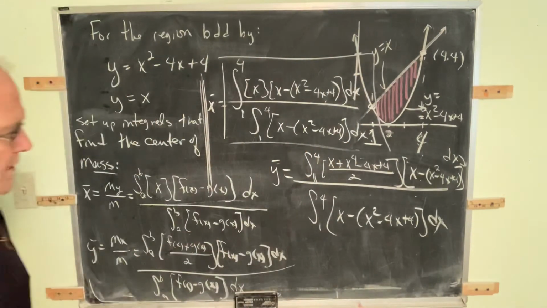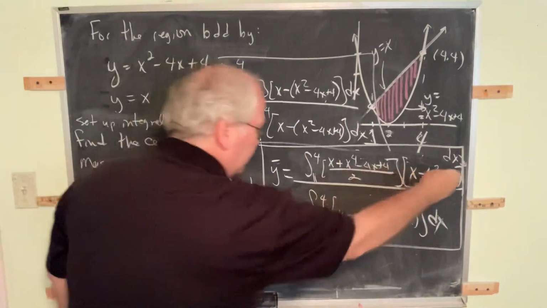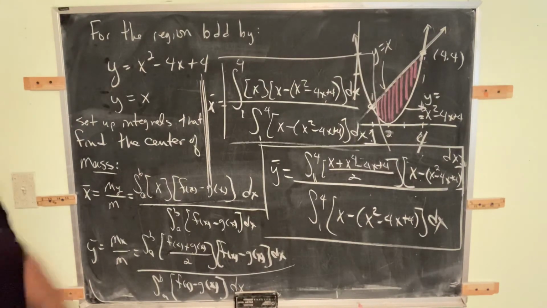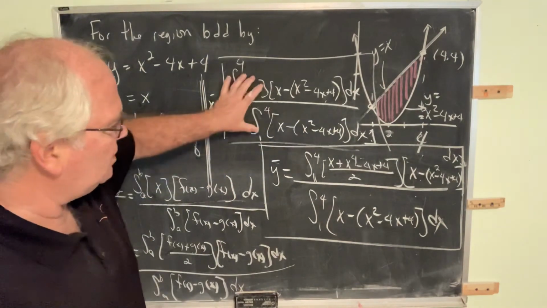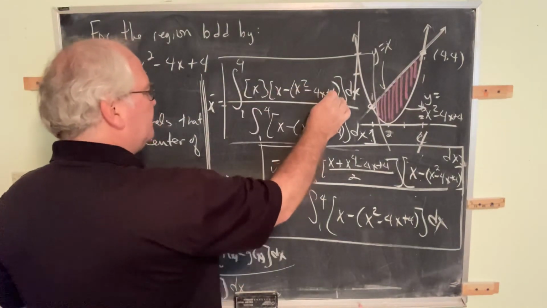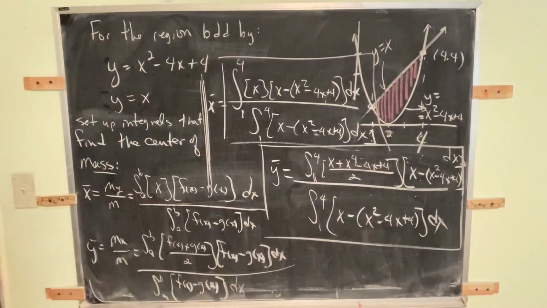It's straightforward. Those are the two expressions we have, with the limits, in my not very well drawn structure here. We have set up the integrals which find the center of mass. And if you really wanted to, you could actually evaluate those integrals. That's simply going to be a polynomial, and this is going to be a polynomial, so that computation should be very straightforward. It's not brutally challenging.